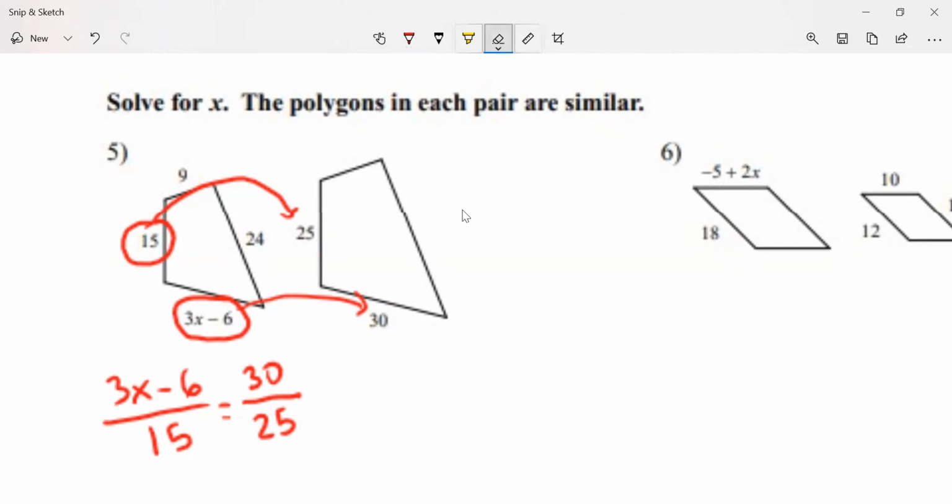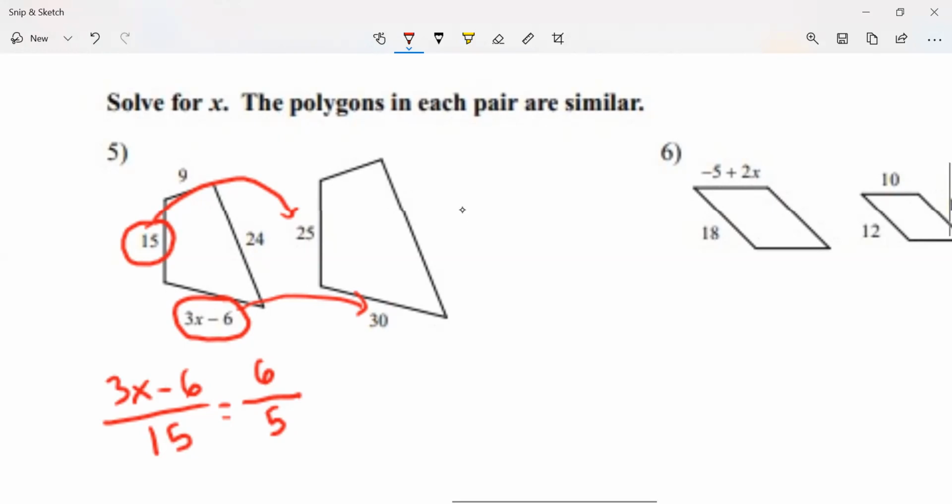So instead of 30 over 25, let me call this 6 over 5. All right, my numbers are a little bit smaller. What I did is I divided each number by 5, right? I simplified a little. Now, if you don't want to simplify, you can immediately just cross multiply it. You don't have to simplify. I'm just simplifying to deal with smaller numbers.